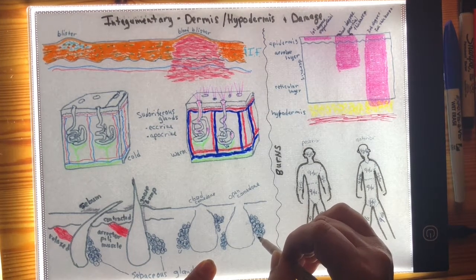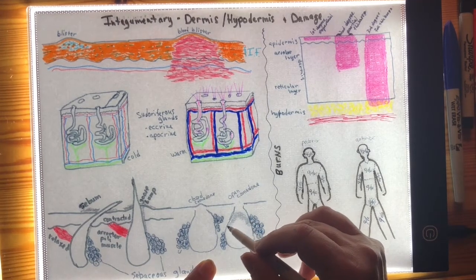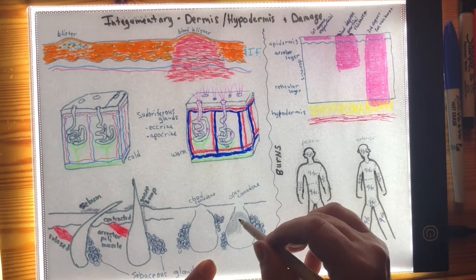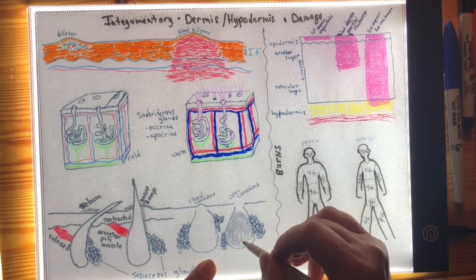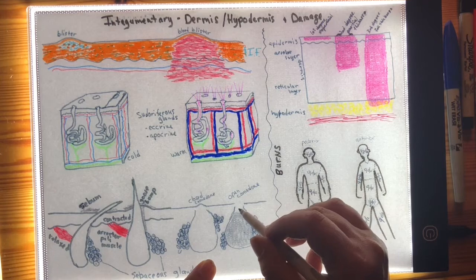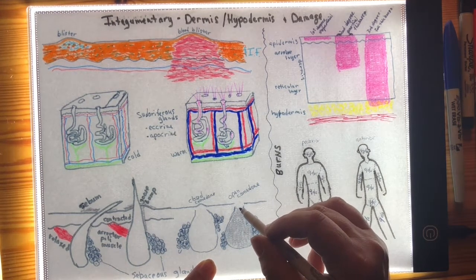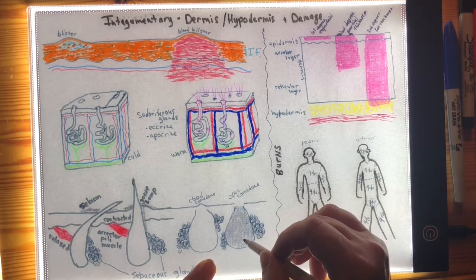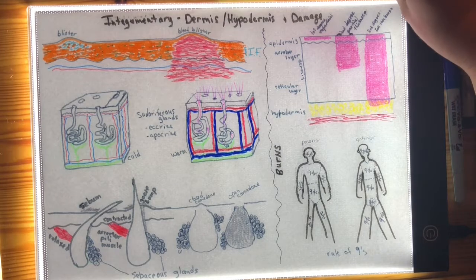And then sometimes, do you remember the superficial most layer of the epidermis is called the stratum corneum? Those cells are supposed to flake off, but sometimes instead of flaking off, they kind of stick around and trap themselves at the mouth of these vessels. And so it's difficult for the sebum to actually get out where it's supposed to get to.